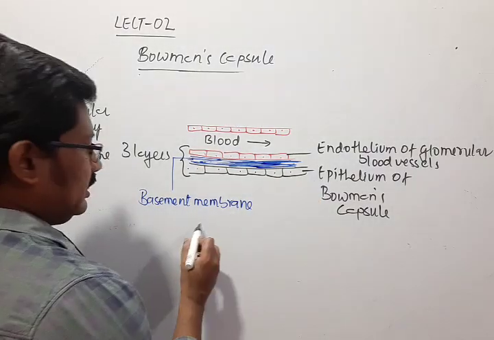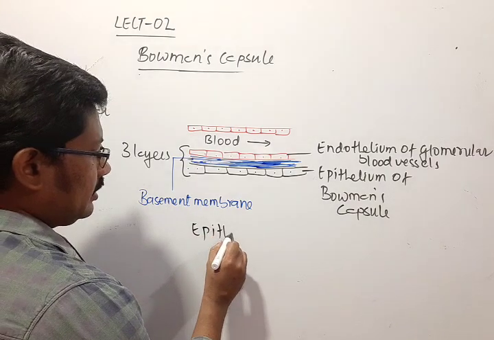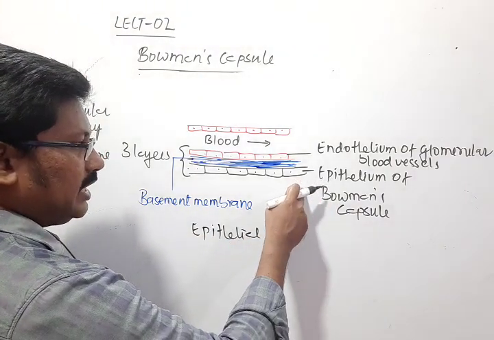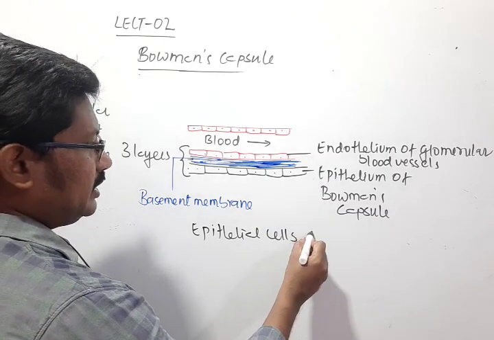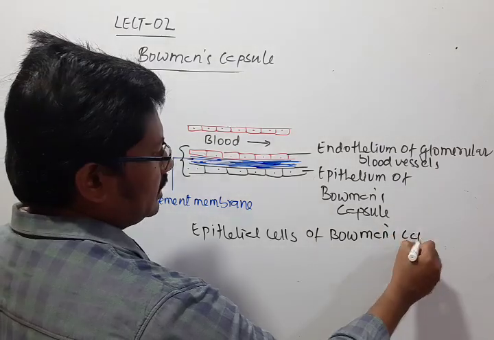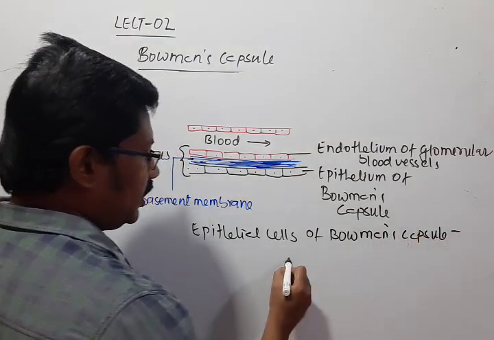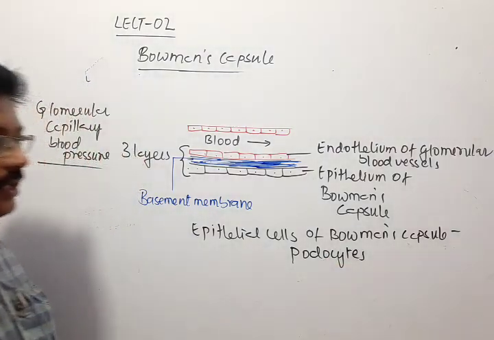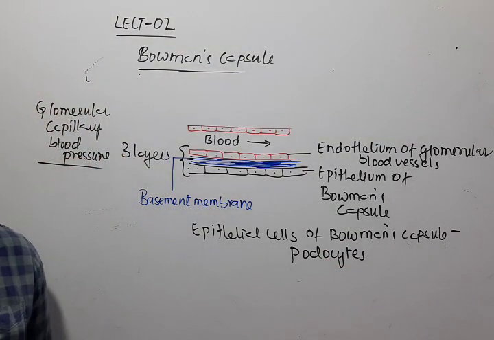Now the epithelial cells of the Bowman's capsule are called podocytes.